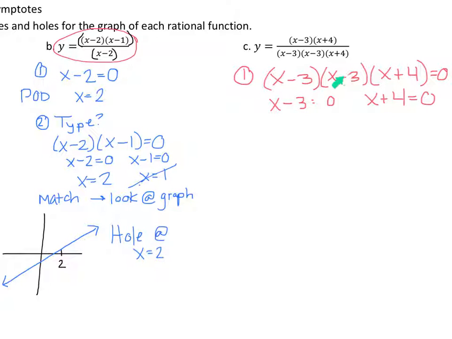These two factors are going to produce the same 0, which is x equals 3, and the other factor produces x equals negative 4. Those are points of discontinuity. So we know our graph is funky at those points, but we got to figure out the type.